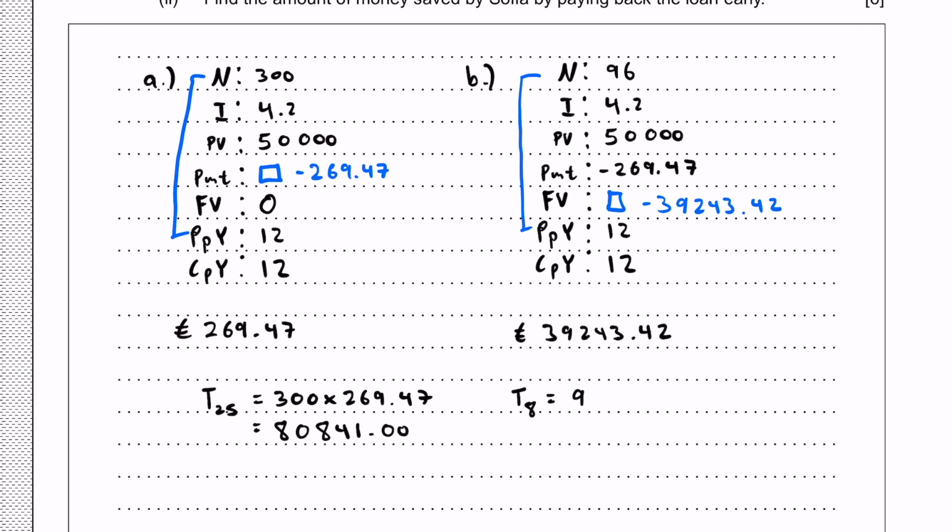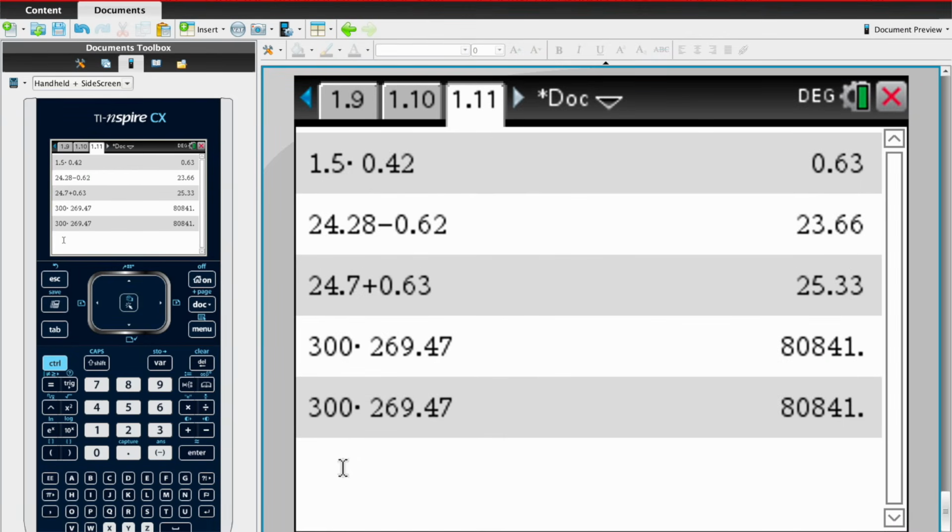So this will be 96 payments of $269.47 plus this final lump sum payment of $39,243.42. So let's go to the document with the calculator and find out what that is. 96 times 269.47 plus 39,243.42.